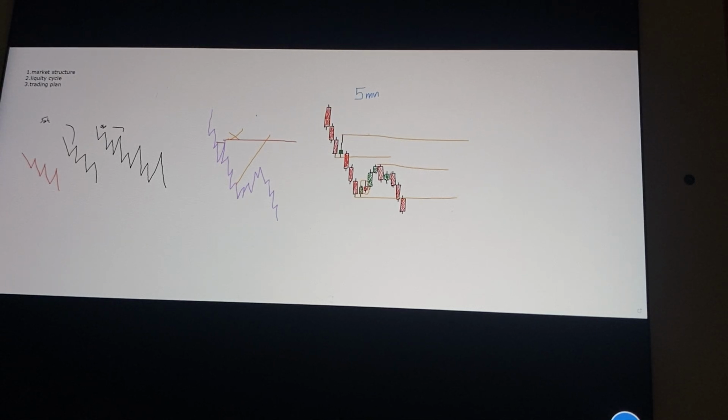What structure is this, guys? Everybody? Internal. What time? Exactly. It is a 5-minute structure. However, given the overall structural push, it is what? Internal. Do you understand? Yes. It is internal because of the overall structural push.